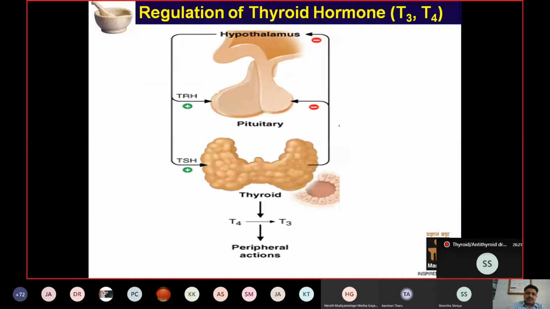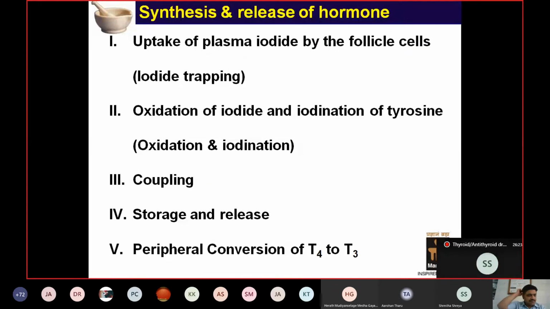Before that, let us talk about the synthesis, because once we know how it is synthesized, it will be easier for us to understand how this synthesis or release is inhibited by antithyroid drugs. When thyroid hormones are more in our body, at that time we have to inhibit the release.